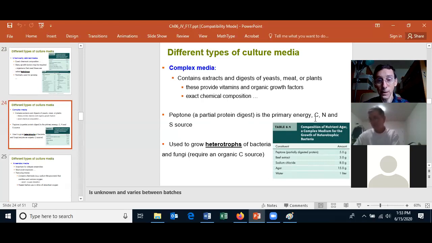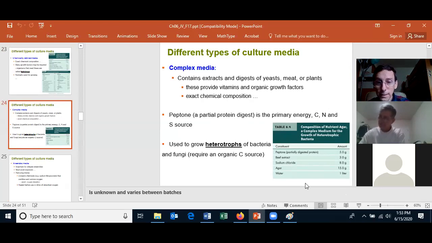A very simple one is shown here. It's nutrient agar. It has a peptone source, a partially digested protein that probably comes from soybeans.